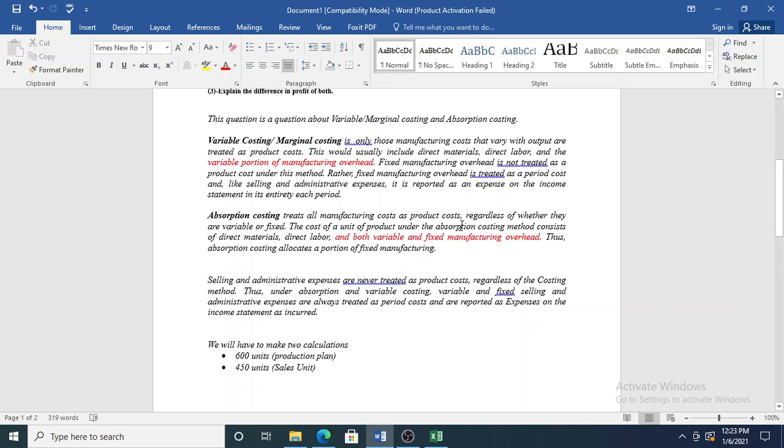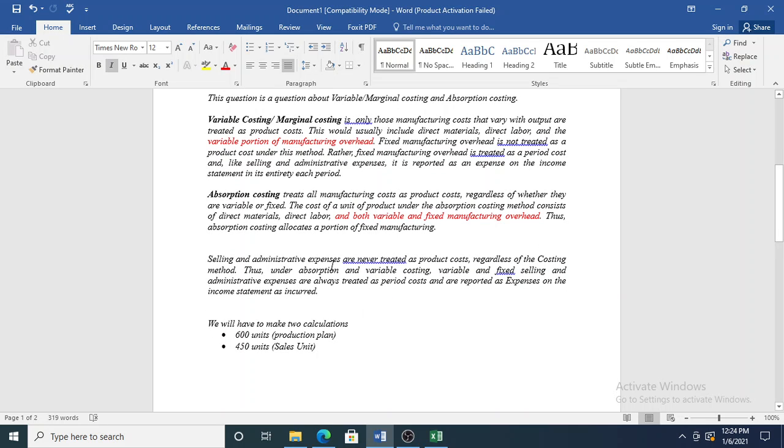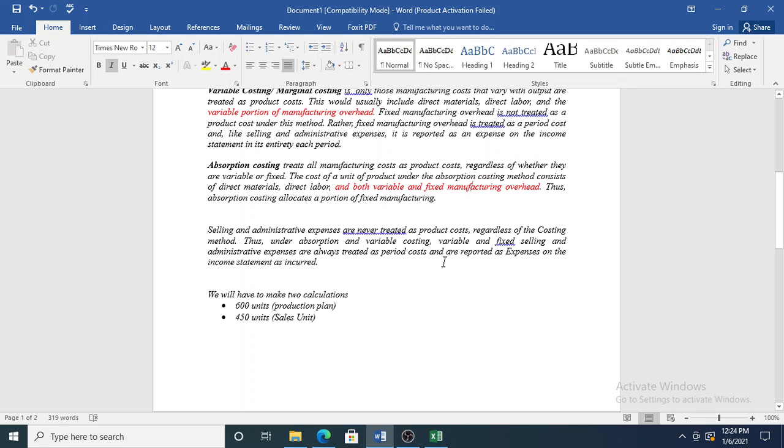The reason why these two differ is in the way they take fixed manufacturing overhead into consideration. One of them treats it as a period cost, and the other, with absorption costing, treats it as a manufacturing or production cost. Selling and administrative expenses in both cases are not treated as product costs. They are treated as period costs.